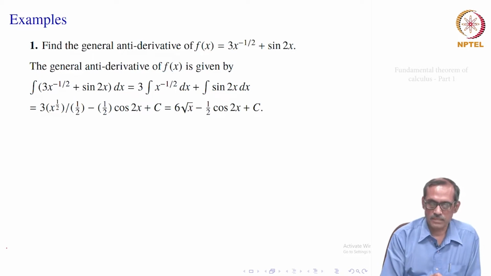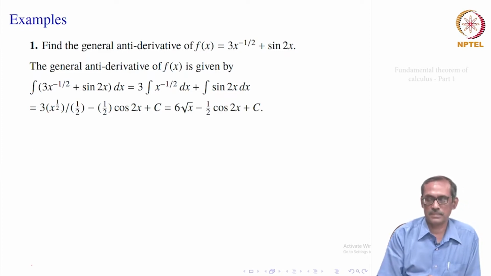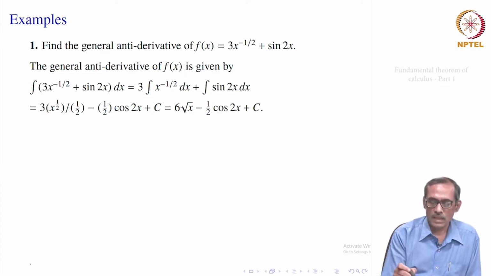the integral of sin 2 x dx. Now, x to the power minus half, you apply the first formula, the integral of x to the power m is x to the power m plus 1 by m plus 1. So, m plus 1 here is minus half plus 1, which is half. So, 3 remains, x to the power half divided by half. Then you find the function whose derivative is sin 2 x.